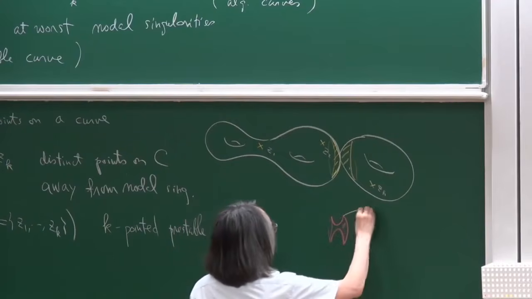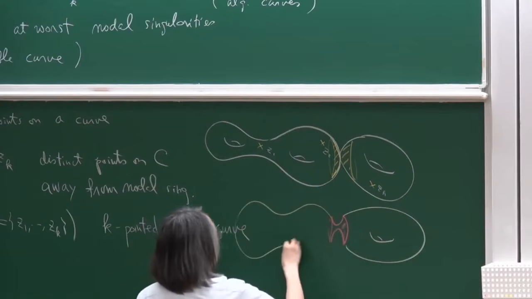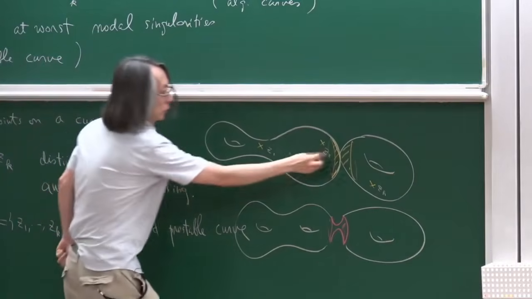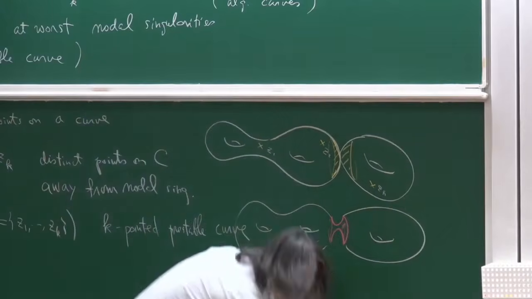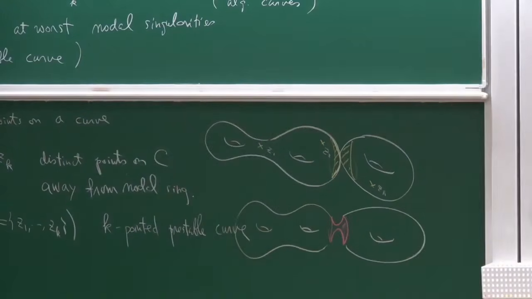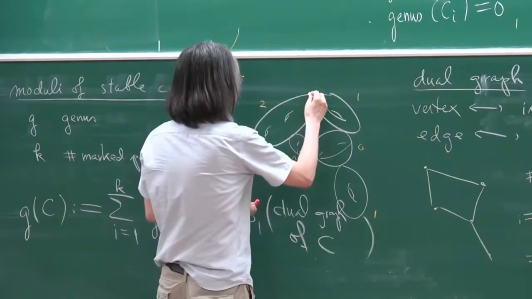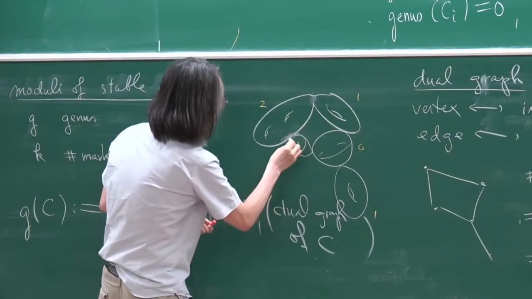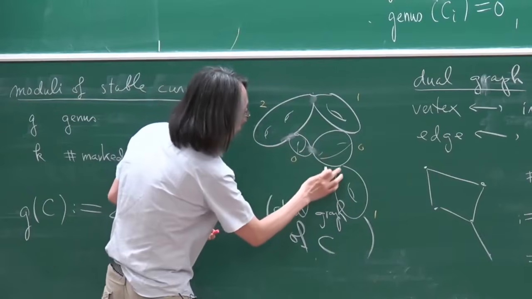And then just continue like this. After smoothing, you get a genus 3 curve in this case. So if I smoothen this, then here I can smooth this, and then I can smooth it here, and here.